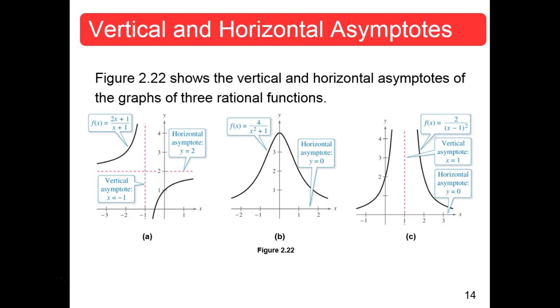Now, something you might note: since this denominator is squared, as someone pointed out at the very beginning, it can never be negative. It could be 0, it is 0, but it can't be negative because it's squared. And 2 is positive. So therefore, this function is always positive.